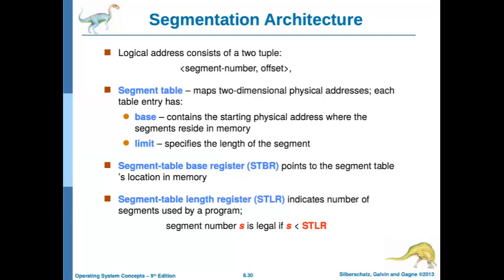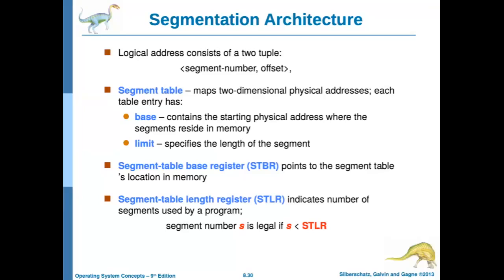The only change is it will not be a single contiguous space, it will be multiple segments, and these segments will be created not randomly, but depending upon whatever the logical view of your process is. For example, if I have one separate function, maybe a user defined function, that will go in a separate segment.